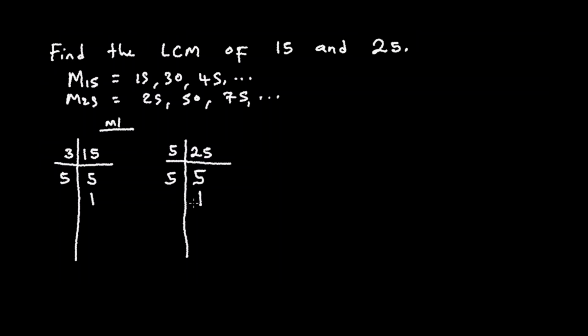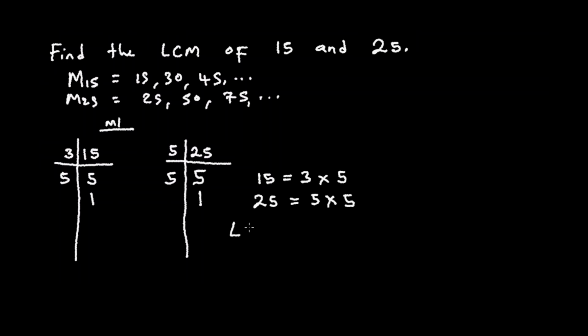Okay. Then we write down that 15 is equal to 3 times 5, and 25 is equal to 5 times 5. To get the lowest common multiple, what we do is we want to represent each number.